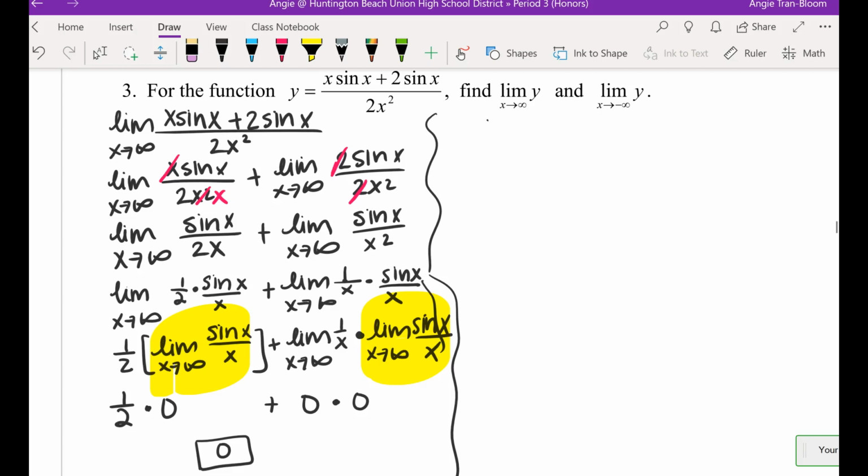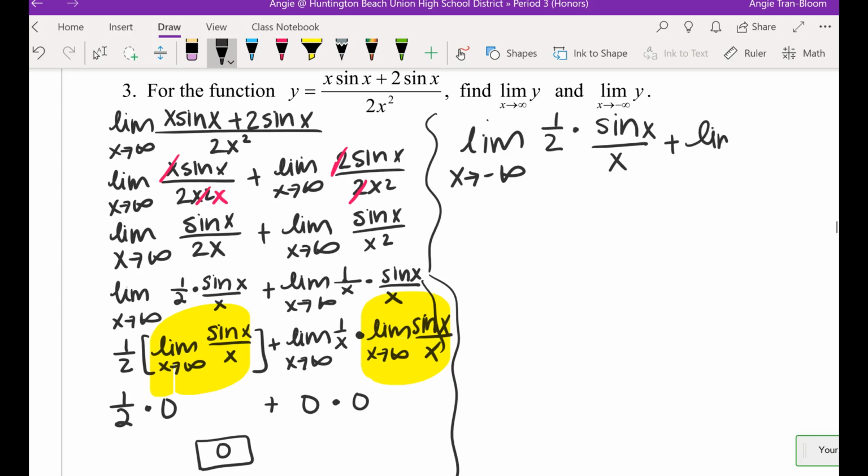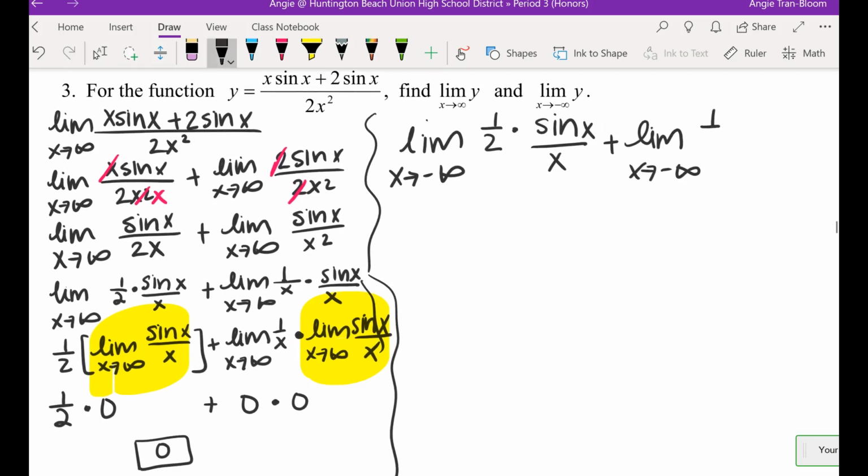So the limit as x approaches negative infinity, I'm going to have 1/2 times sine of x over x plus the limit as x approaches negative infinity of 1 over x times sine of x over x.